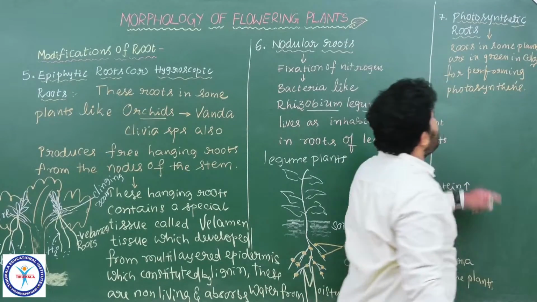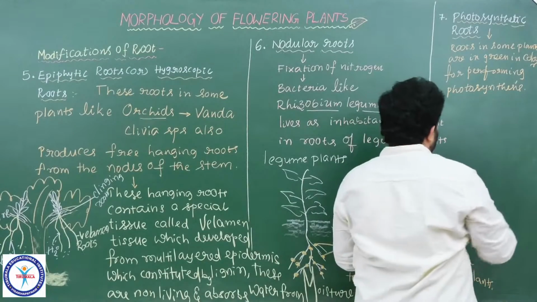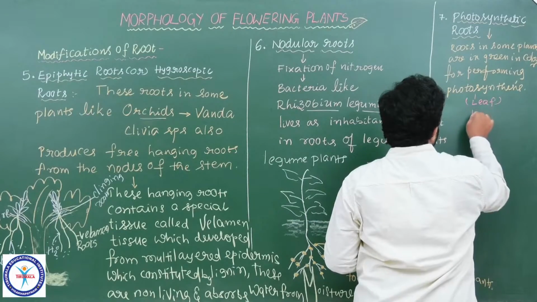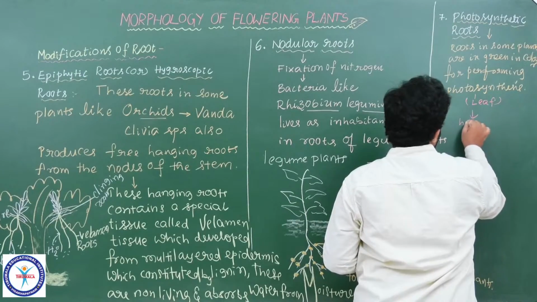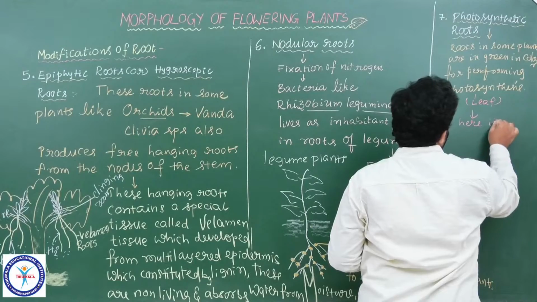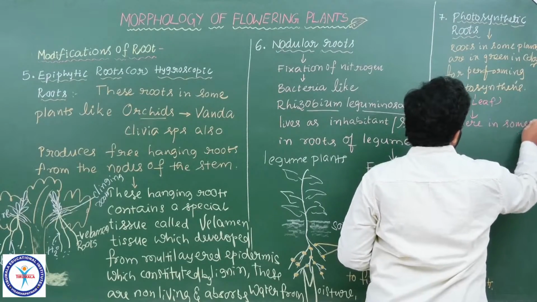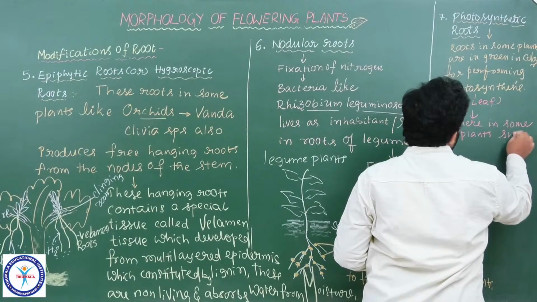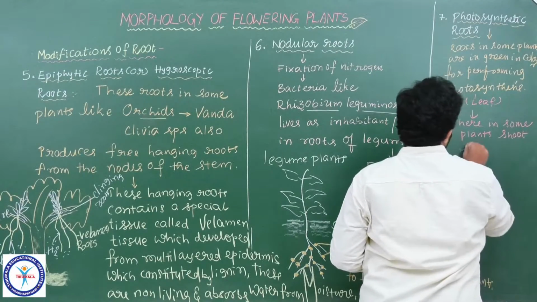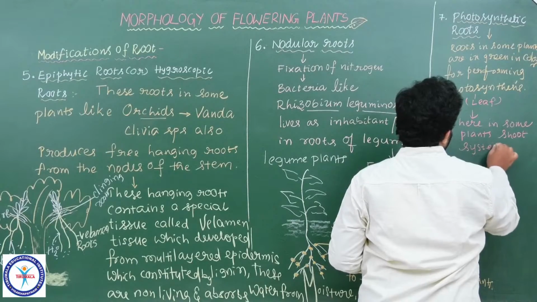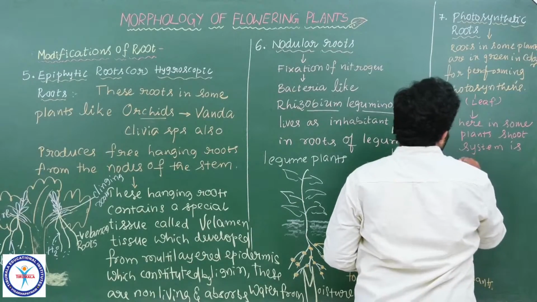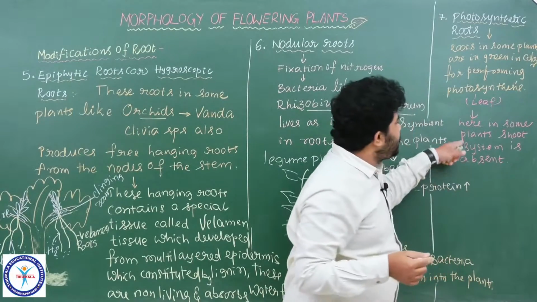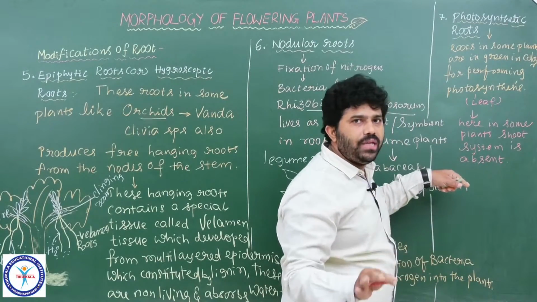Why do roots take over the function of photosynthesis? Actually the process of photosynthesis is done by the leaf, but here in some plants the shoot system is absent. When the shoot system is absent, it means no stem, no leaves.